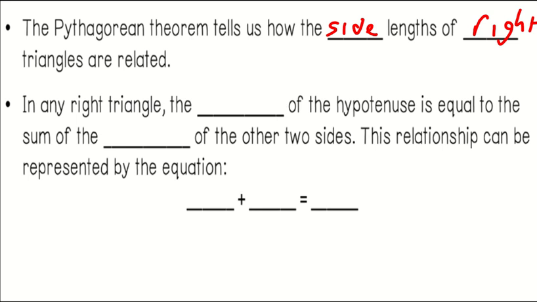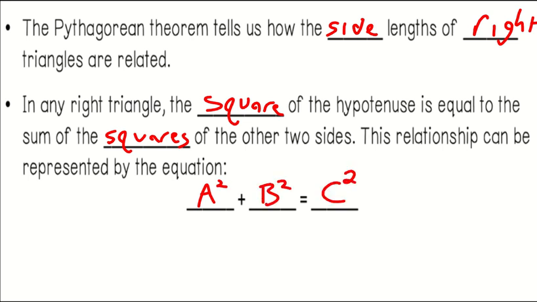In any right triangle, the square of the hypotenuse is equal to the sum of the squares of the other two sides. So like we said, we get A squared plus B squared equals C squared.